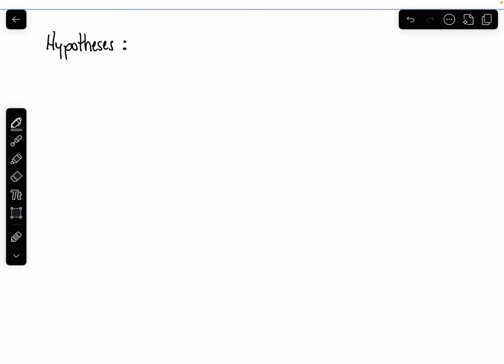So there is one null hypothesis for each of the two independent factors. And of course, each null hypothesis is accompanied by an alternative hypothesis as well.